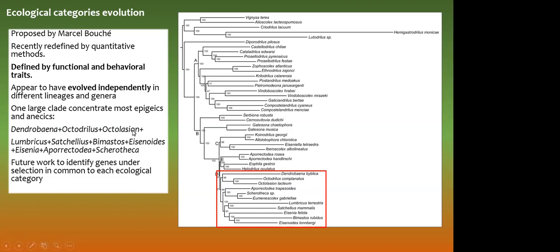And future work will allow us to identify genes which are under selection and which are shared between each of the ecological categories. By that I mean, for example, that we can find that epigeic earthworms share several genes under selection, while anecic earthworms share a different set of genes under selection.